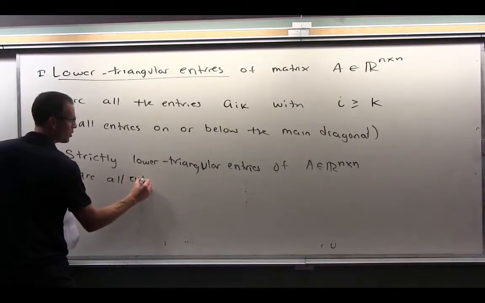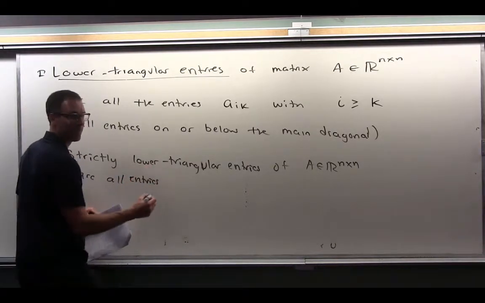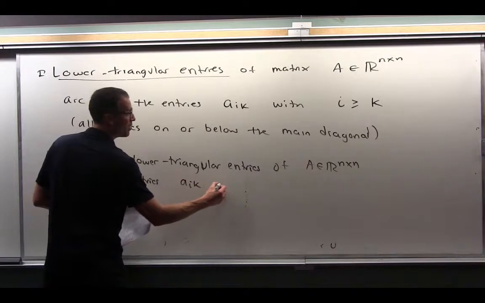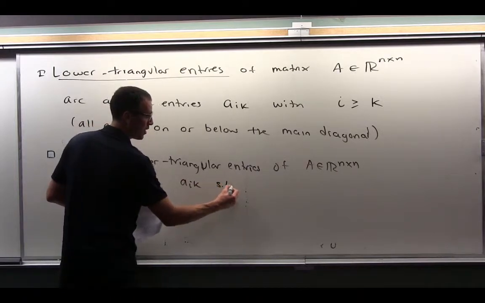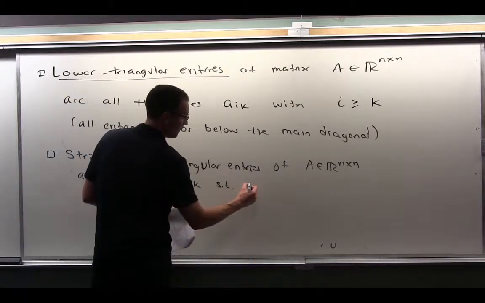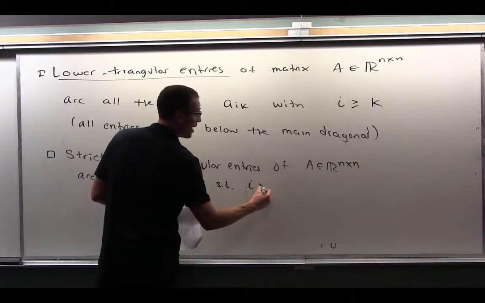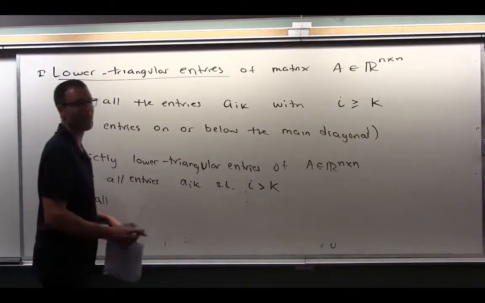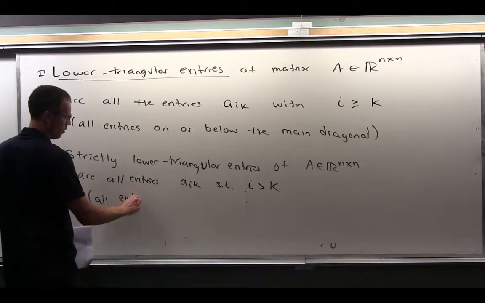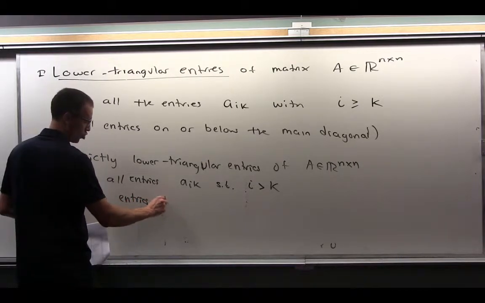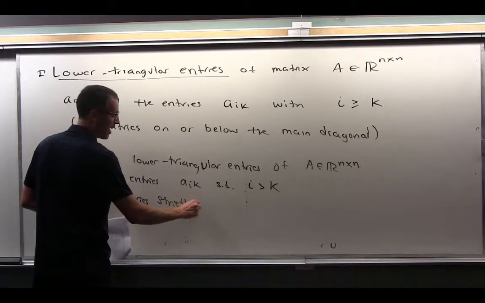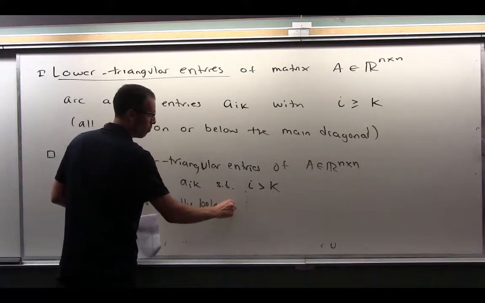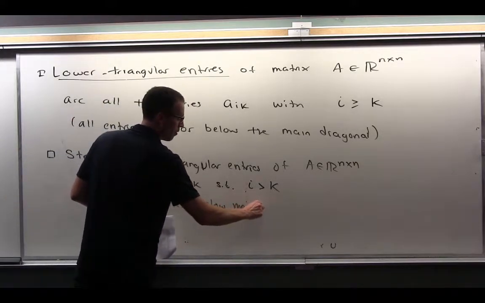Are all entries what? A_ik such that i is strictly greater than k. What's another way to say that in terms of the main diagonal? Yeah, and why don't we use the word strictly again? Strictly below the main diagonal.